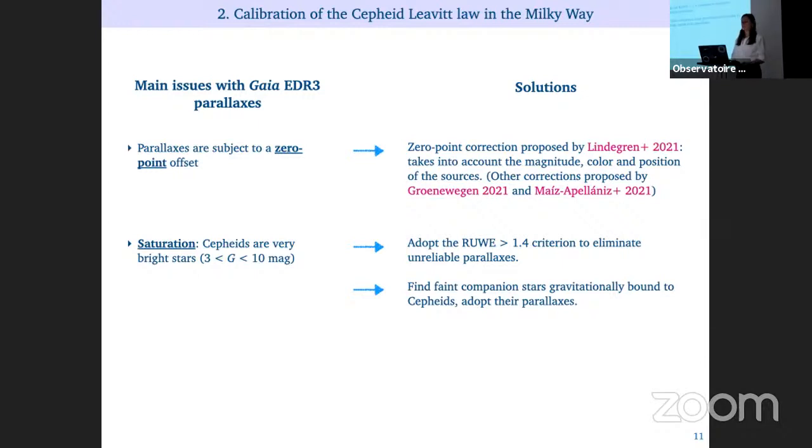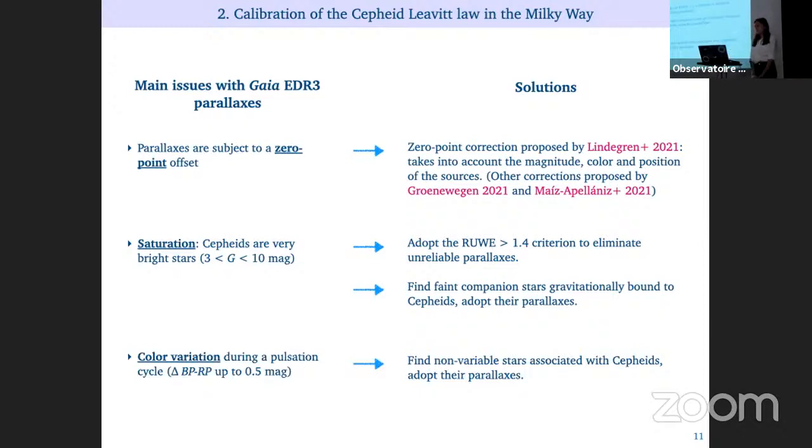So a good solution is to eliminate these stars with values higher than 1.4. And the second solution is to find faint companion stars in the close neighborhood of Cepheids and adopt their parallaxes instead of that of their Cepheids.